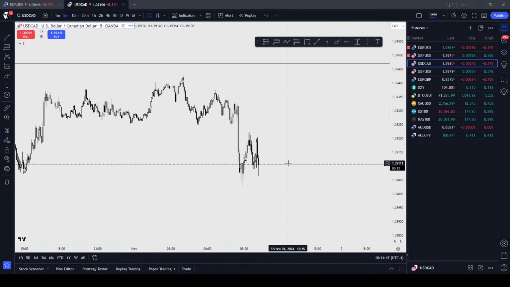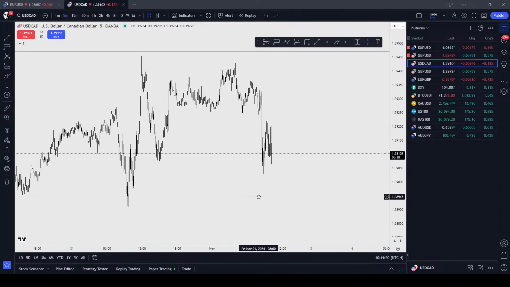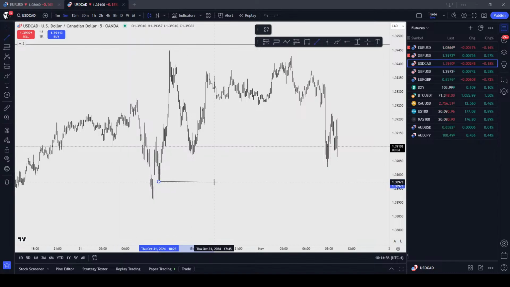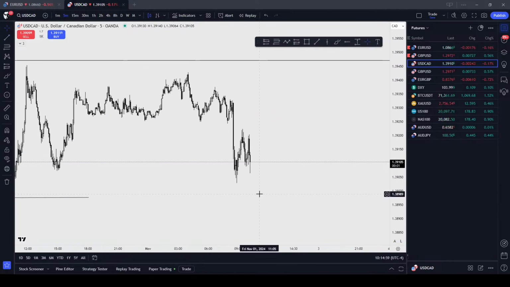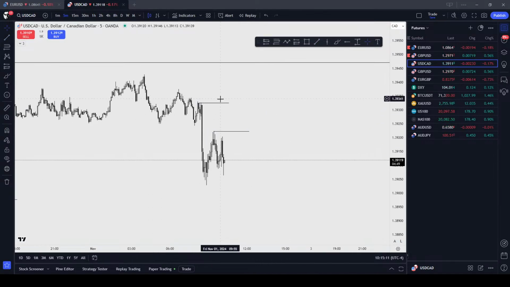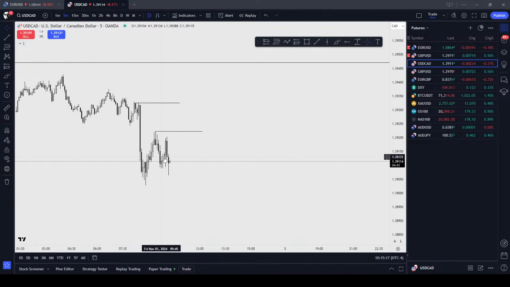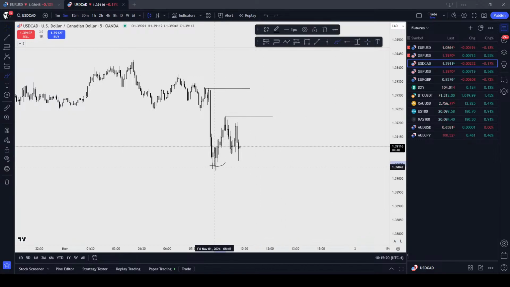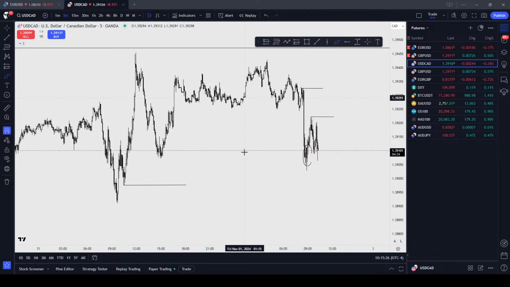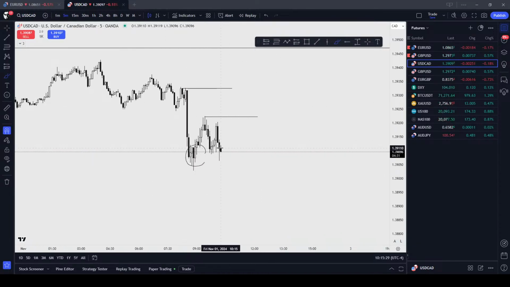USD CAD is looking good to go upside. We have an LD right here, and the targets, the minimum target should be here if we don't take it yet, and here. But as you remember, the idea of the early sellers that I have discussed on Twitter, this area, the people who have entered with POIs, or breaker, OB, anything like that, they should get stopped out.